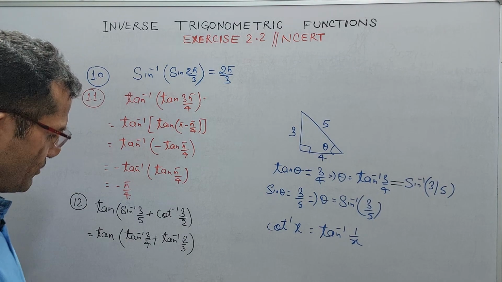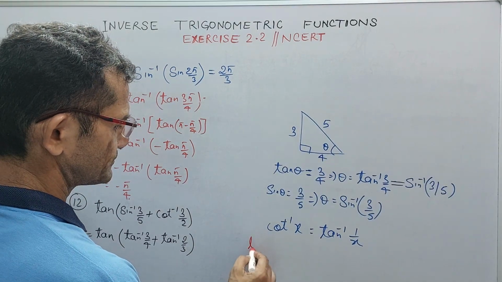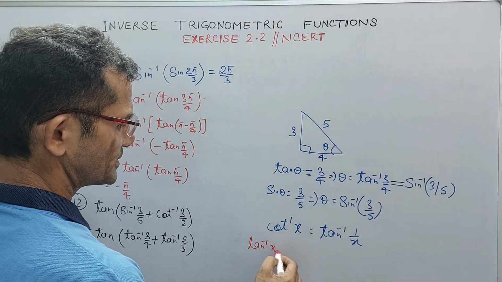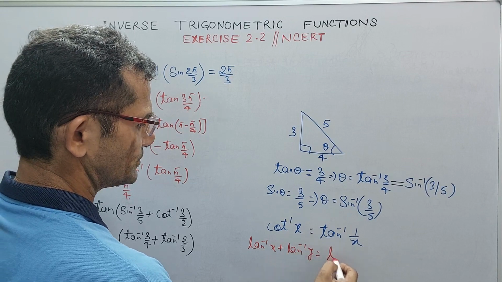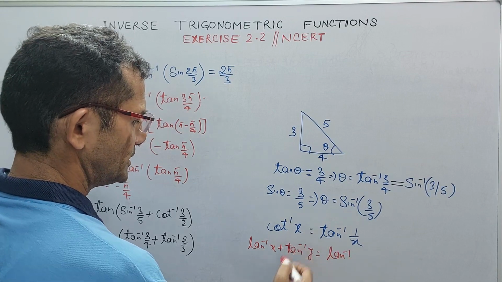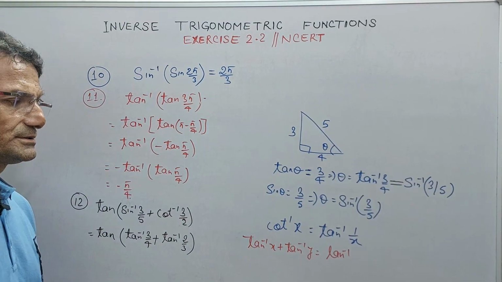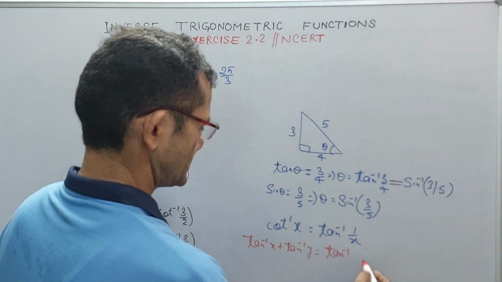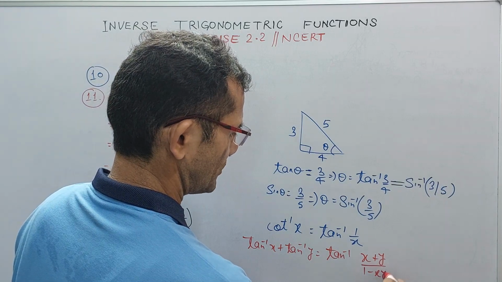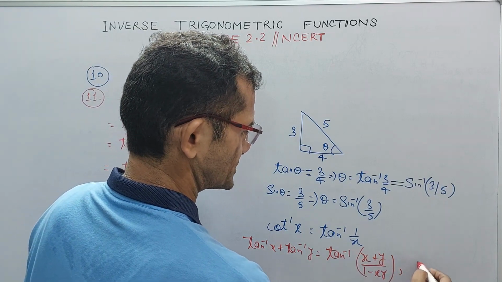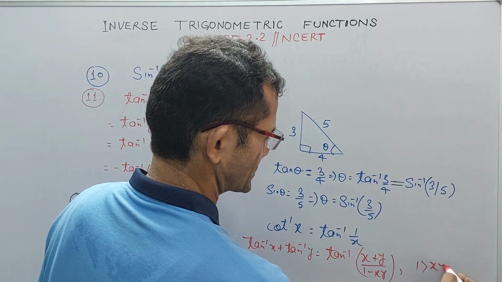Using the formula of tan inverse, we know that tan inverse x plus tan inverse y is equal to tan inverse of x plus y divided by 1 minus xy, subject to the condition 1 should be greater than xy.